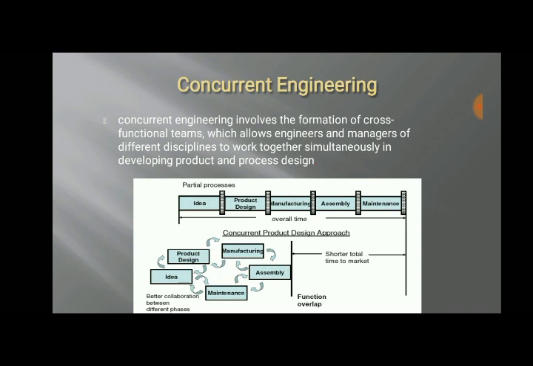Then concurrent engineering. It is different from sequential engineering in that each department communicates with the forward or the backward department as well. That is, all of the departments are in communication.